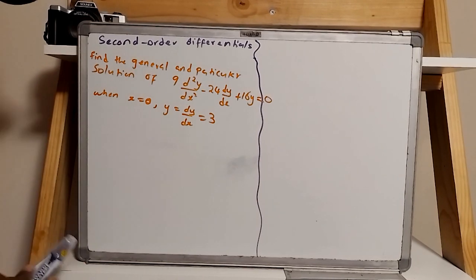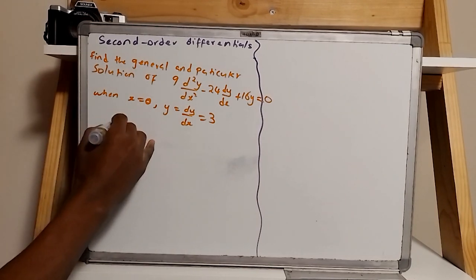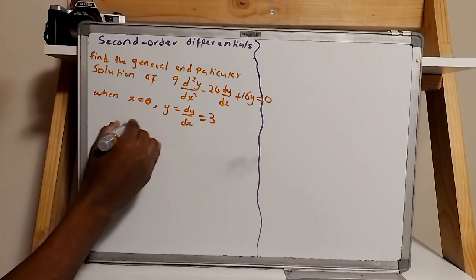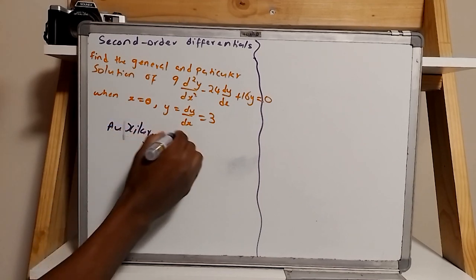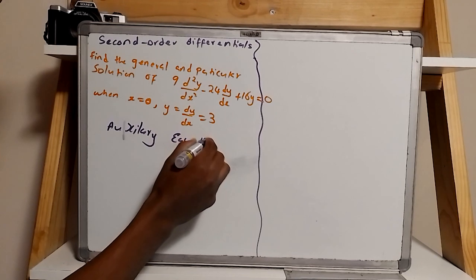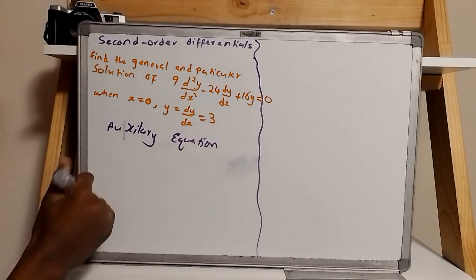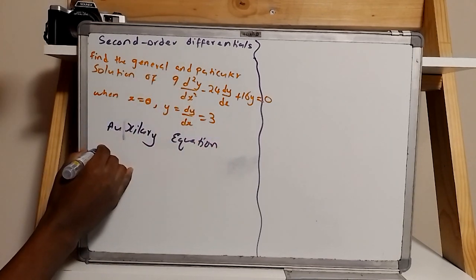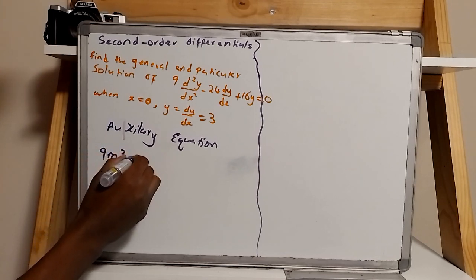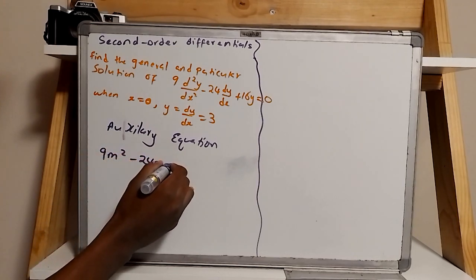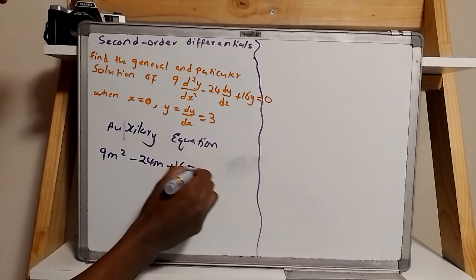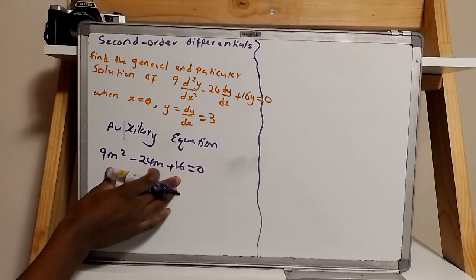Let's get to it. Start by saying auxiliary equation. For the auxiliary equation, I can just say 9m squared minus 24m plus 16, this is equal to 0. Then I can factorize this.